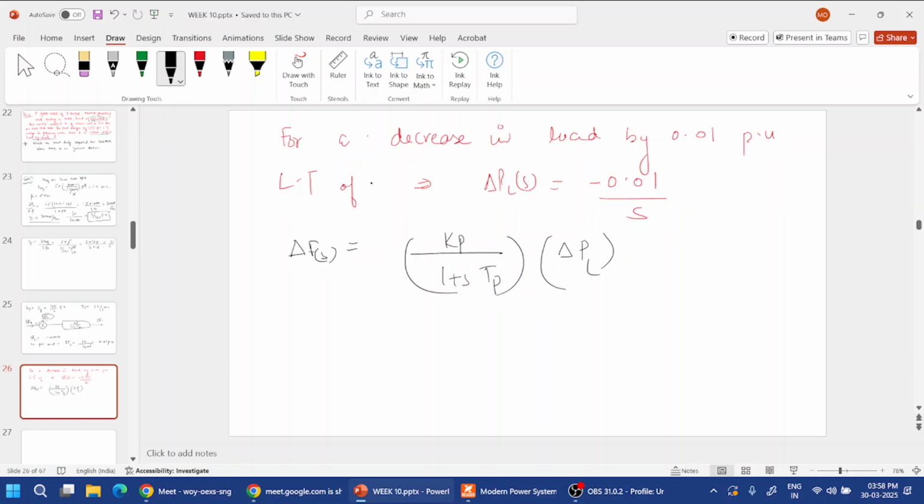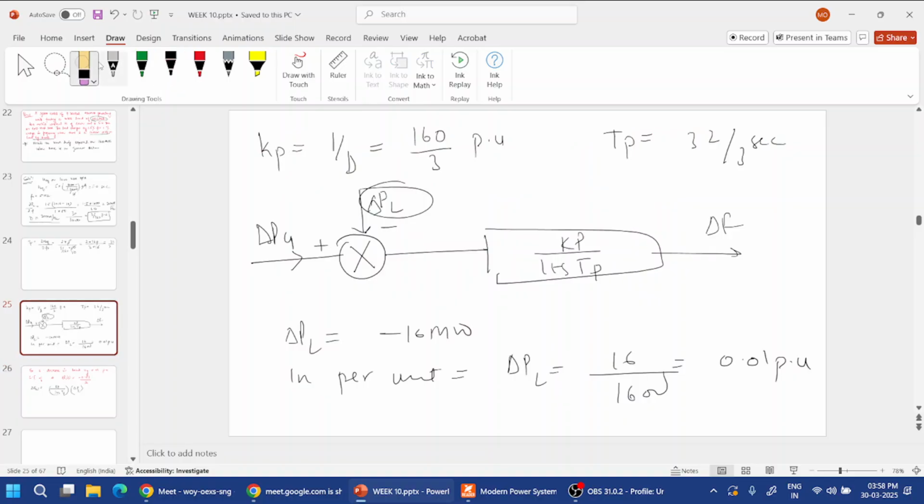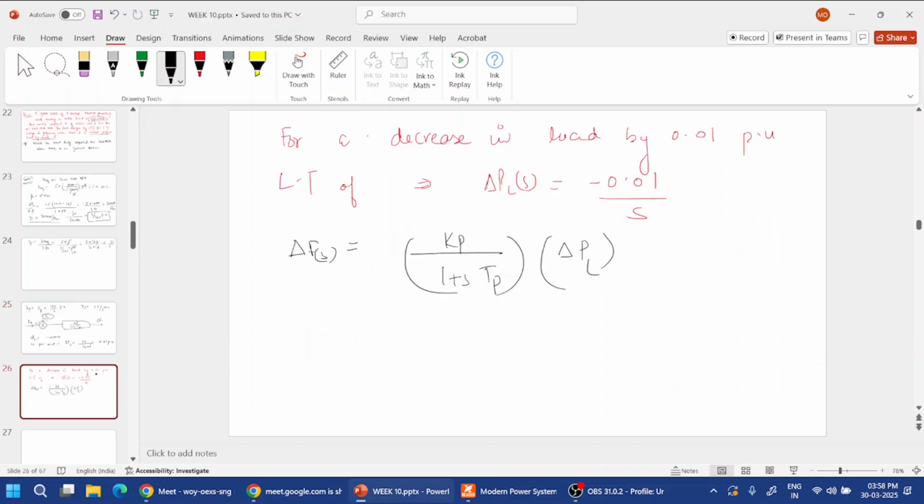So we have given, okay, del PL. What is del PL? Minus 0.01 upon s. What is Kp? Kp is 1 by D. We will use that function value, but let's assume first of all here, just a second.